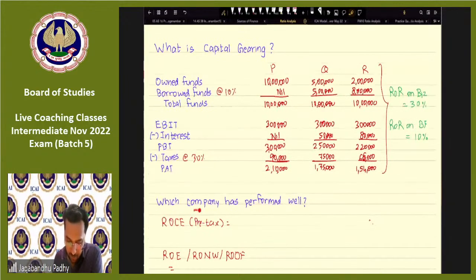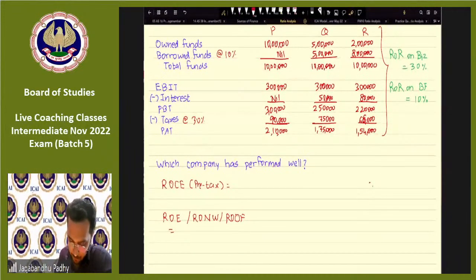So which company has performed well? Let us talk first about the return on capital employed. Return on capital employed means how much return this business is generating. The pre-tax return, which we call EBIT, upon total capital employed, into 100.